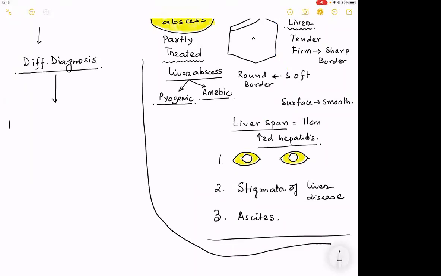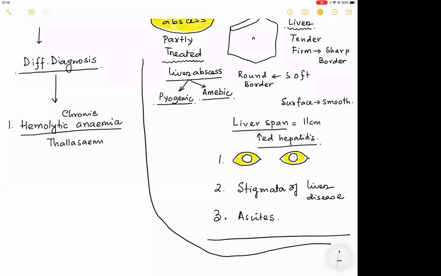To begin with, if I have a patient of hemolytic anemia, in your little clinical experience that you have, what is the common form of chronic hemolytic anemia that you have seen in medicine and pediatrics? Thalassemia. Very good.